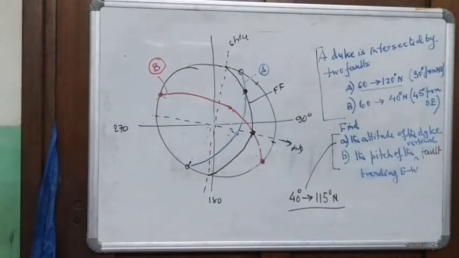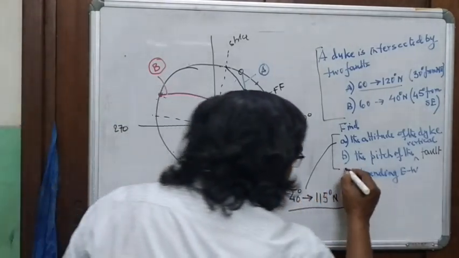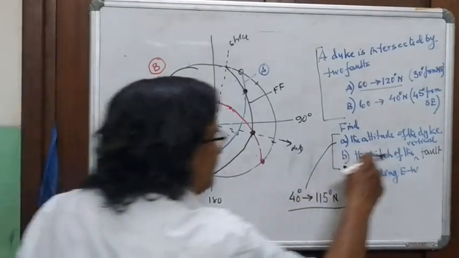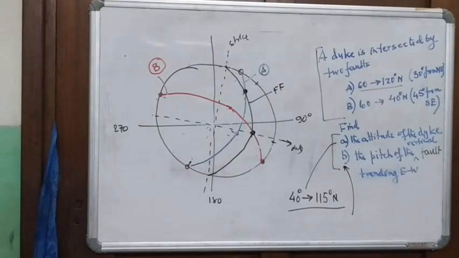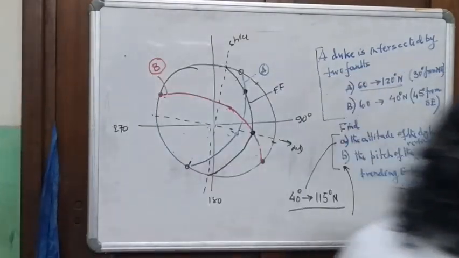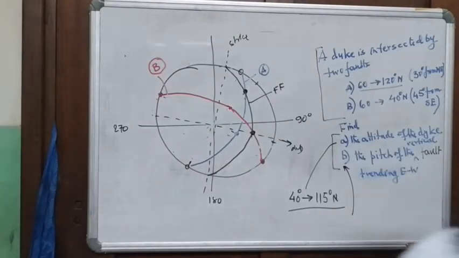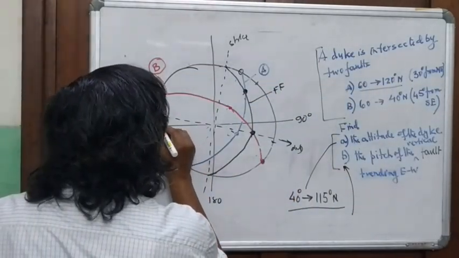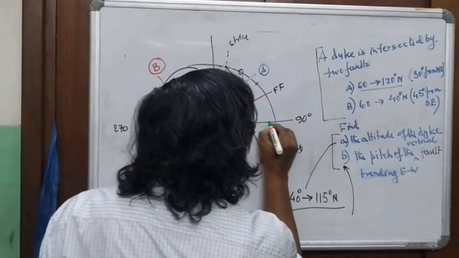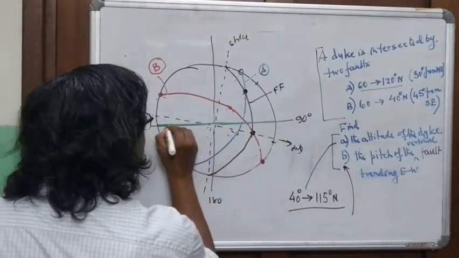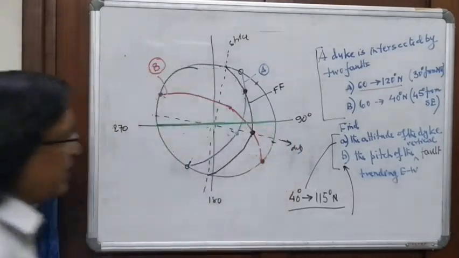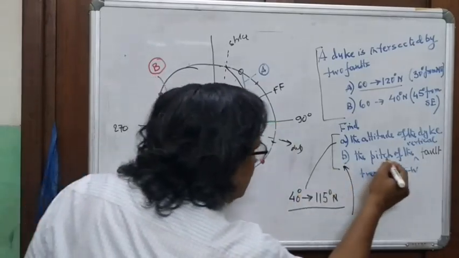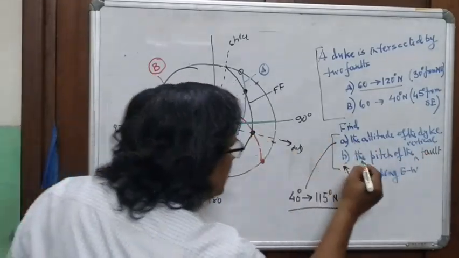Now what happens next? We have to answer question B. What is the pitch of the vertical fault trending east-west? Now this is interesting. How do you draw it? It's a vertical fault trending east-west, so that line is this line, because this is east-west, and it will appear as a straight line because it's vertical.